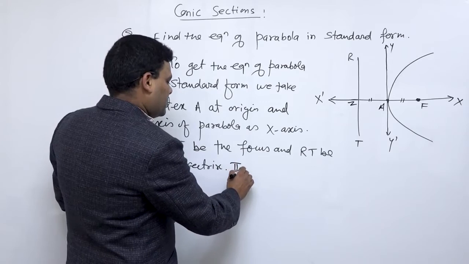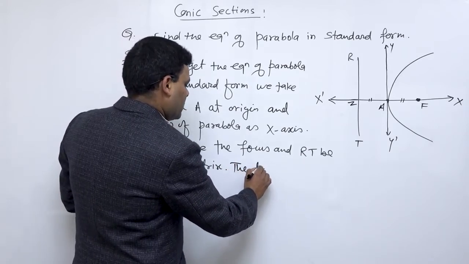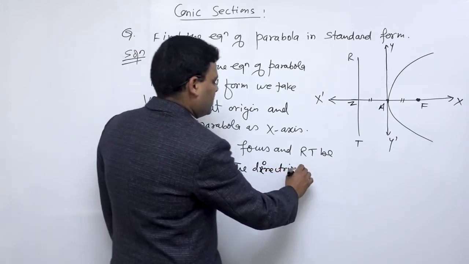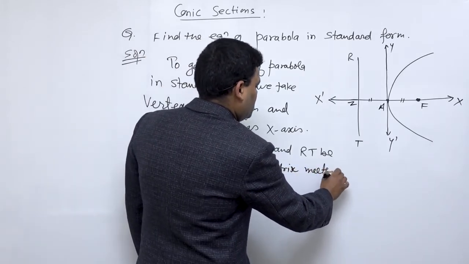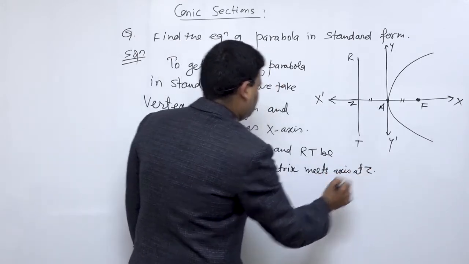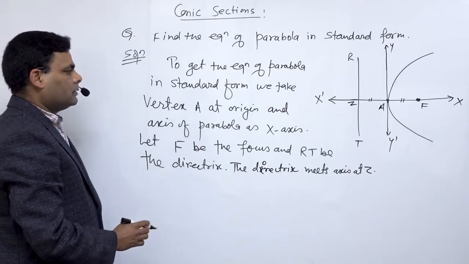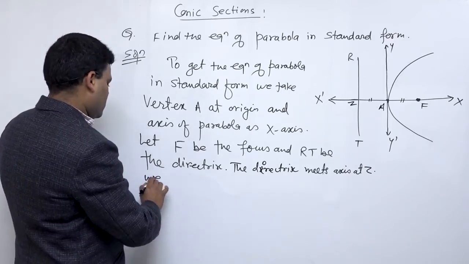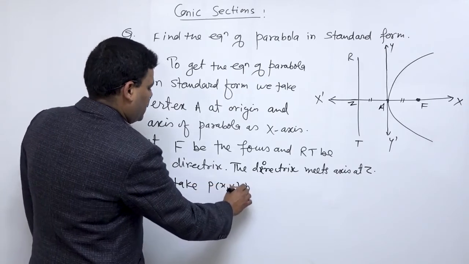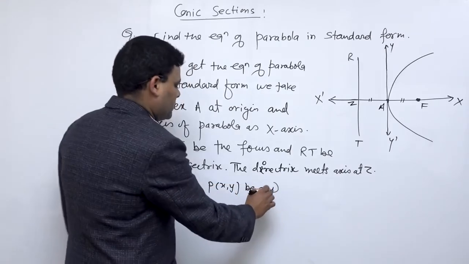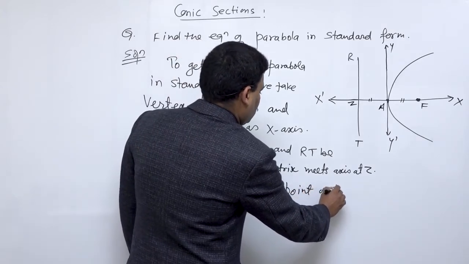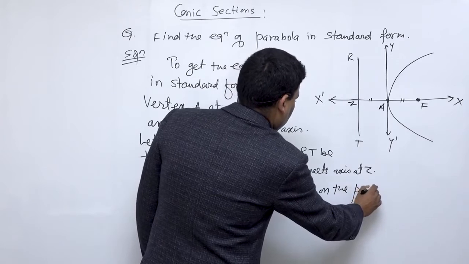The directrix means axis at Z. We take P(x, y) to be any point on the curve, on the parabola.